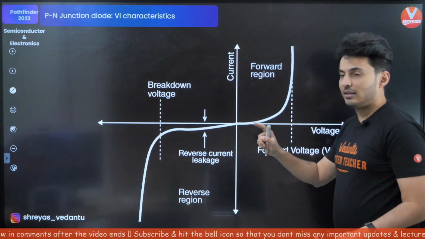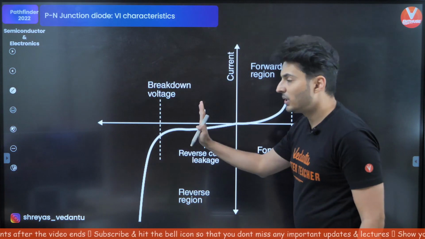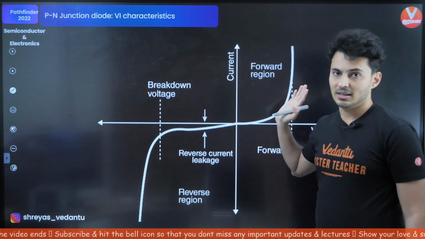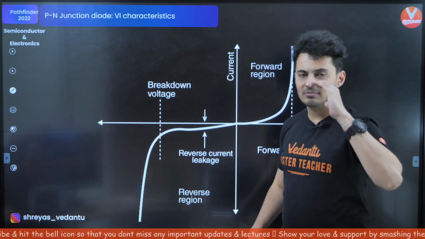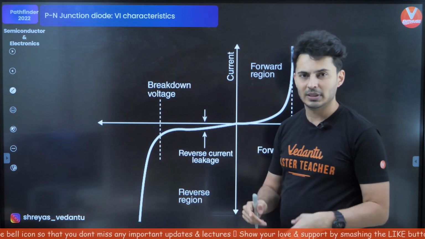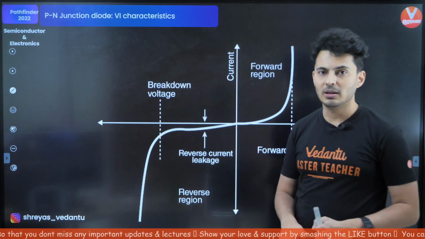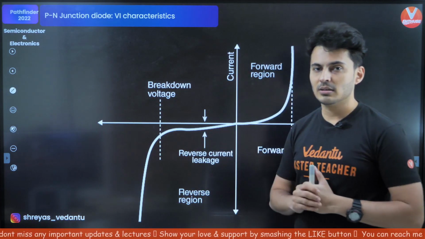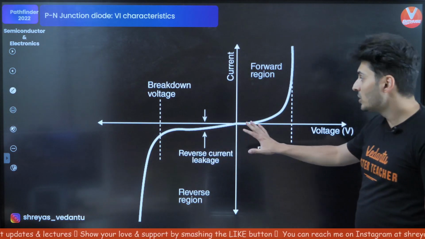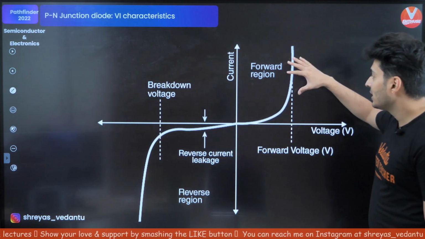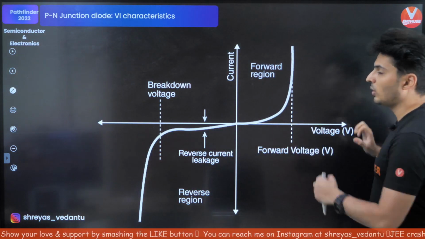In the reverse bias, no matter how much voltage you apply, it will not conduct. Yes, there comes a point where it starts conducting, but that is too late. I mean, that is called as a breakdown. It gets broken down completely. That is the reverse voltage, reverse breakdown voltage. But usually you will see that the graph is of conduction only in the forward bias.